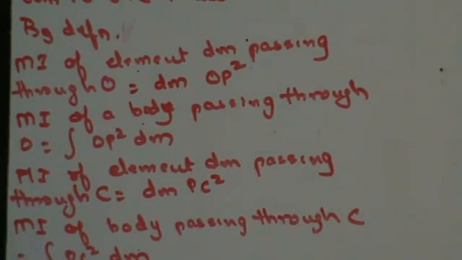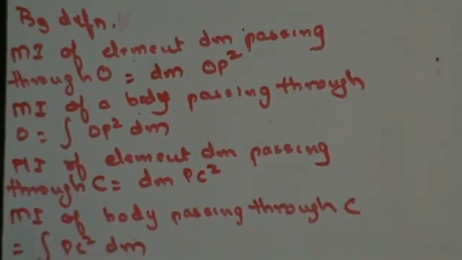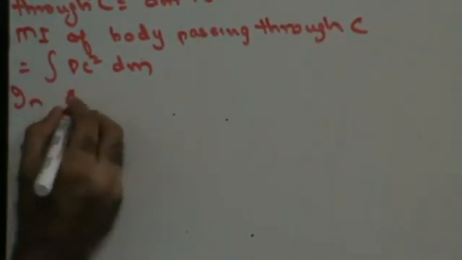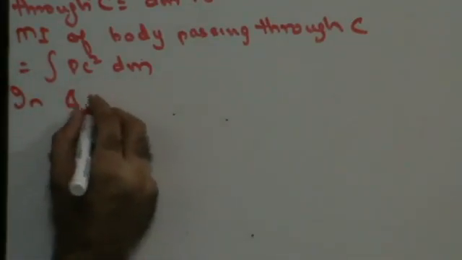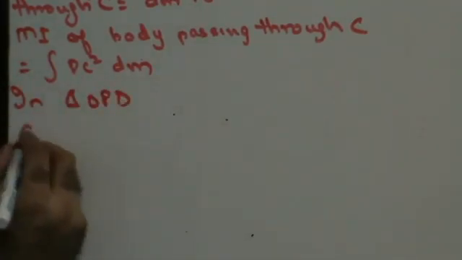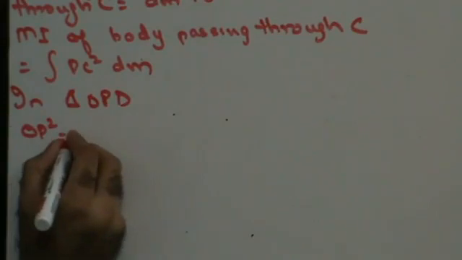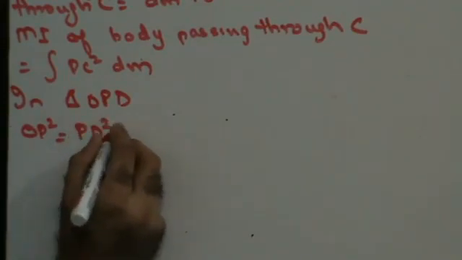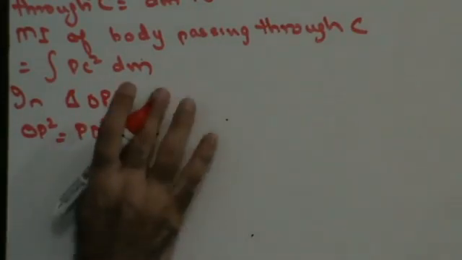Okay. Now, let's leave this and get to geometry. I can say that in triangle OPD, OP square is nothing but PD square plus OD square.